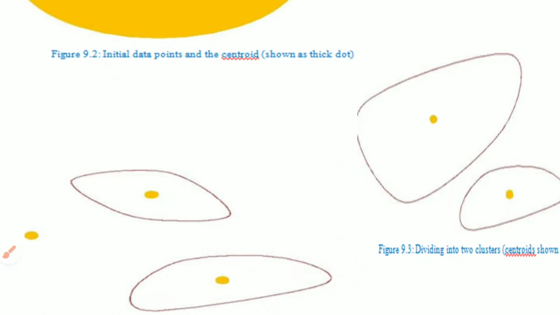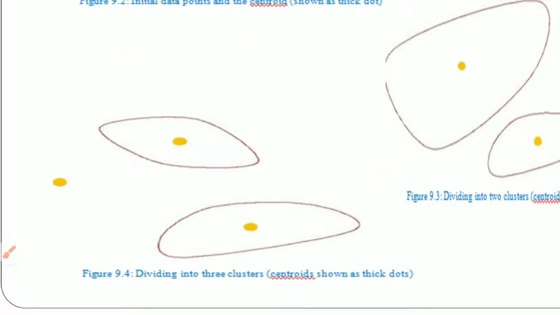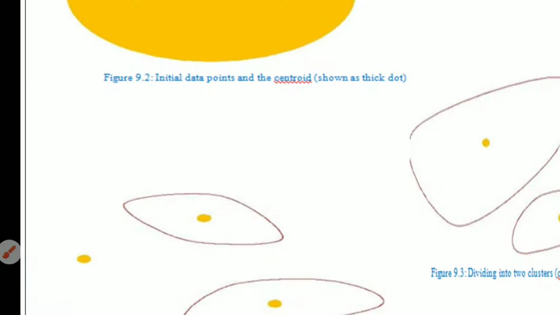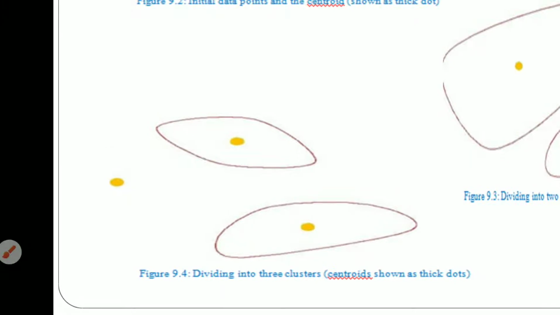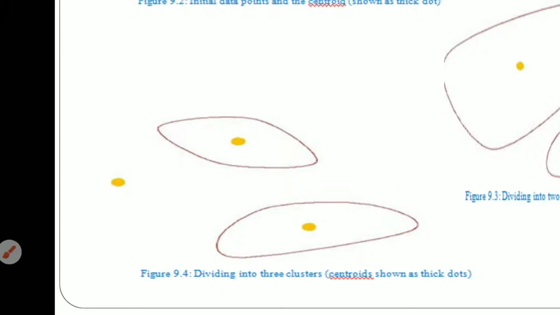Next is dividing into 3 clusters. First dividing into 2 clusters, first a single dot with the help of a centroid, dividing into 2 clusters, then dividing into 3 clusters. The bigger cluster, apart from the 4 points, the top will be separated here.